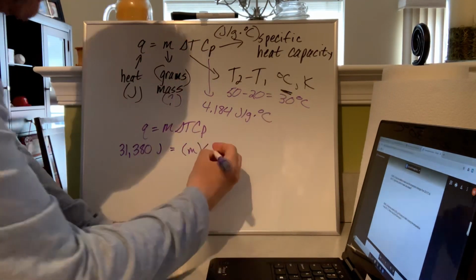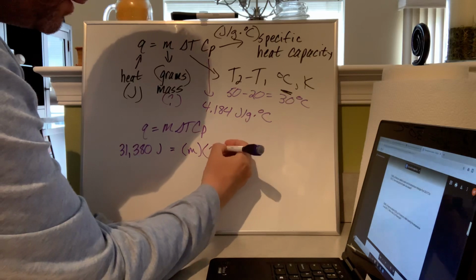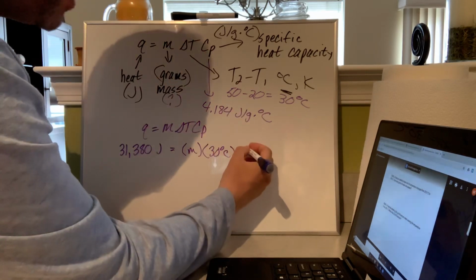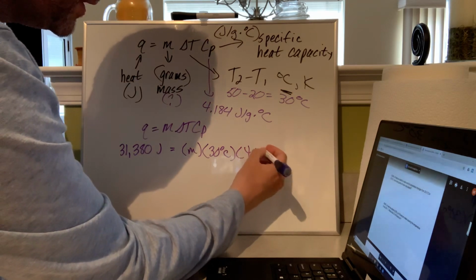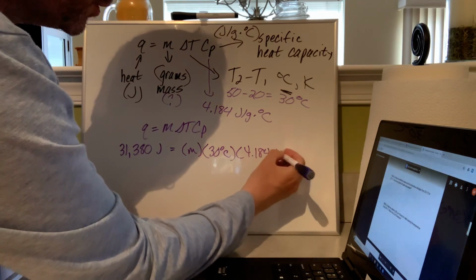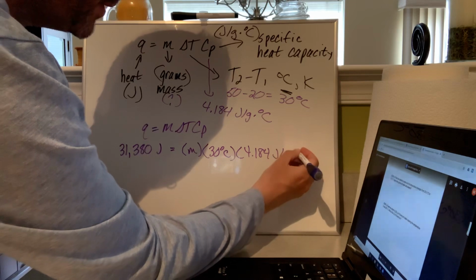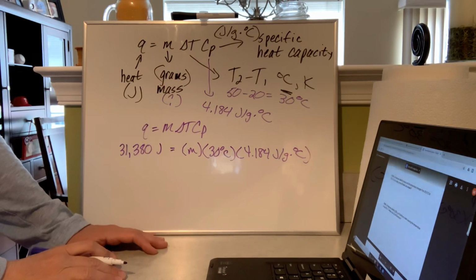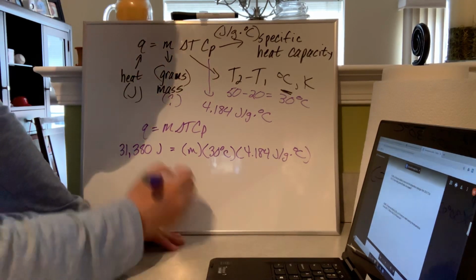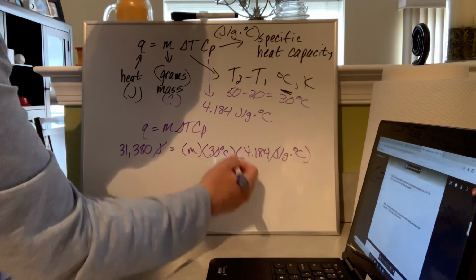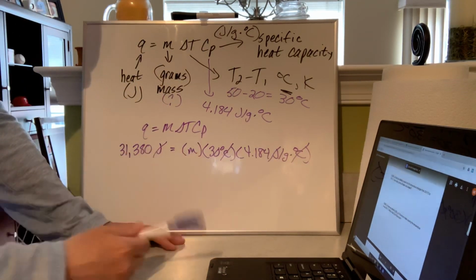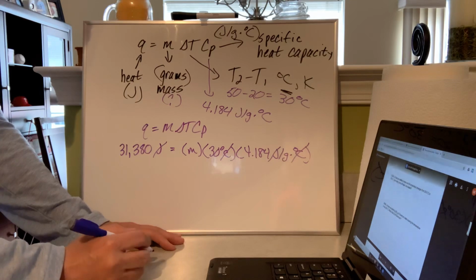The delta T is right here, 30 degrees Celsius. And the CP value, even though I didn't give it to you, is 4.184 joules per gram degree Celsius. So what happens here is, joules and Celsius will go away. The only thing left is grams, which happens to be a unit of mass, which is nice.